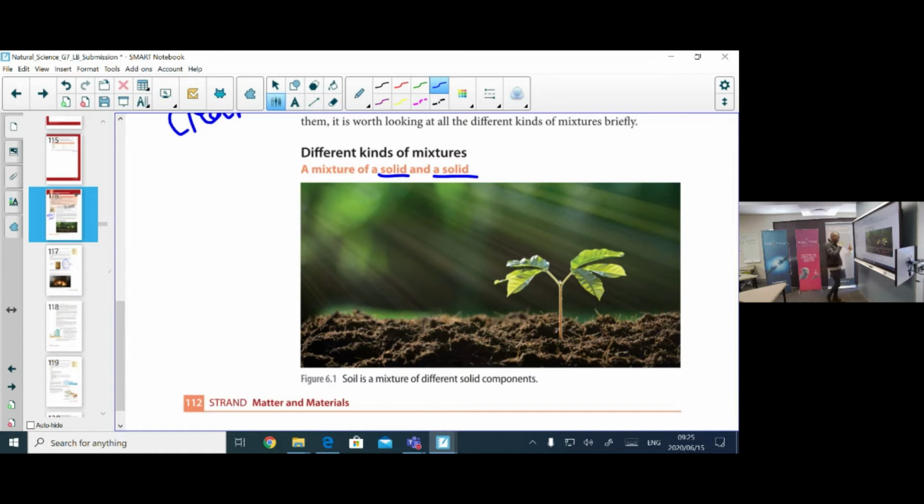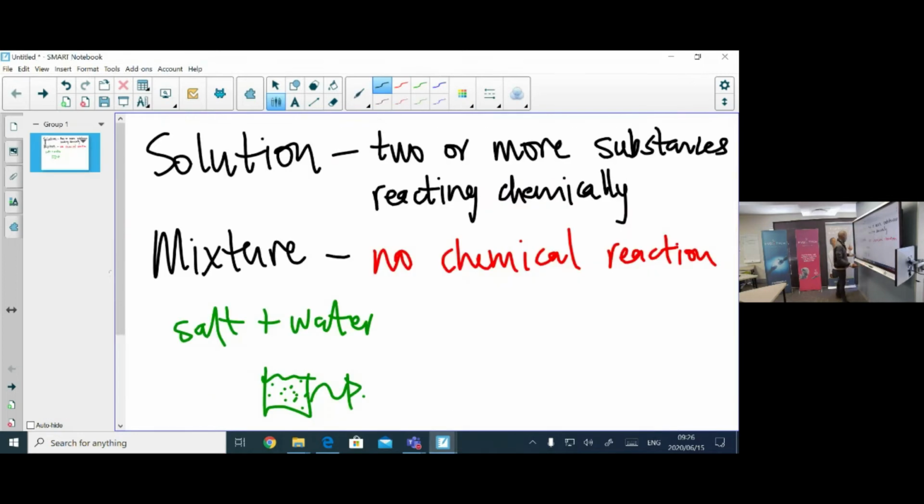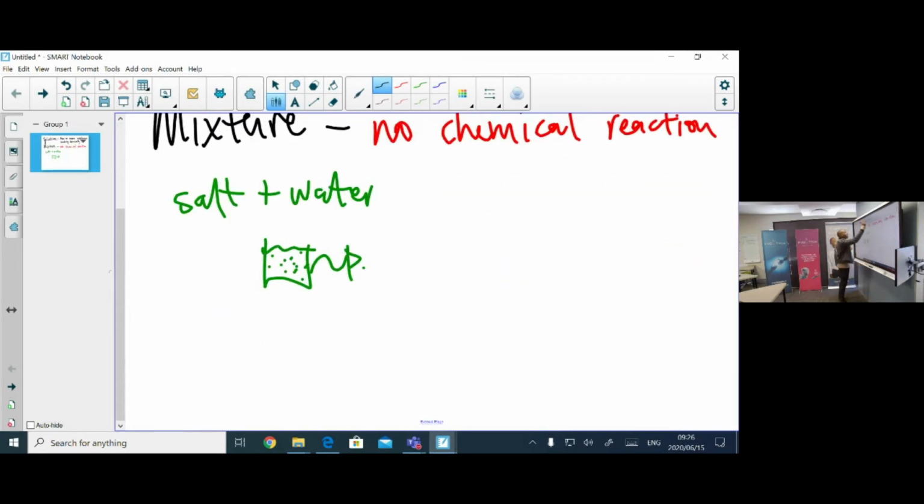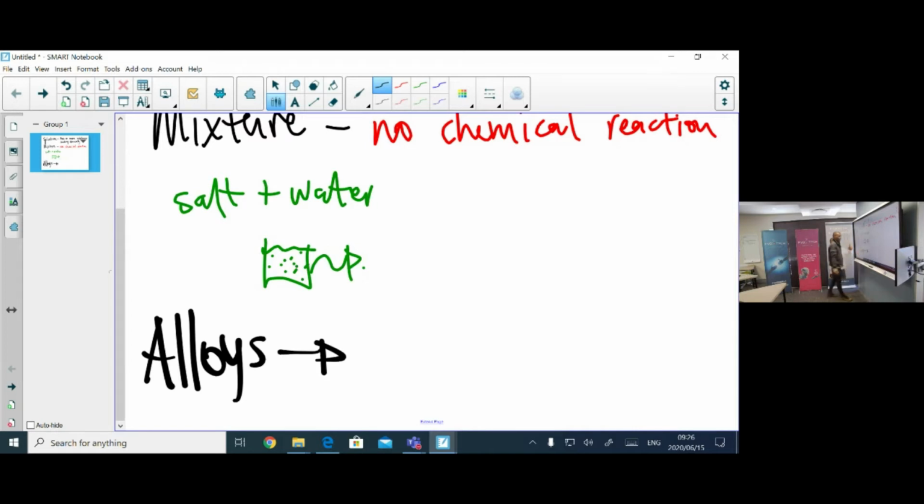Yes. So it so happens that when we are making metals that are called alloys, a new term to your vocabulary, when we are making alloy, what are alloys?